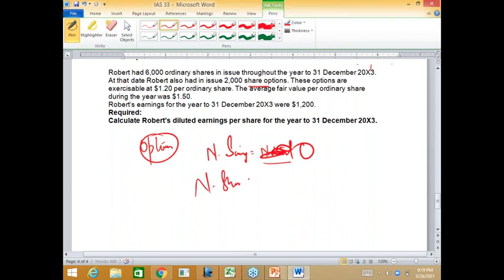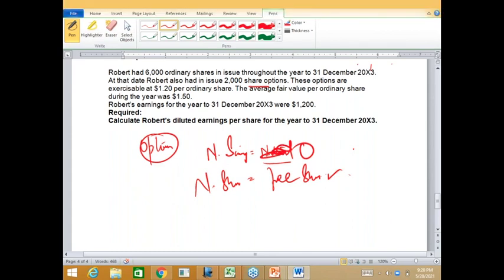Notional shares will be free shares. So in this case, notional savings is 0 and notional shares will be free shares.